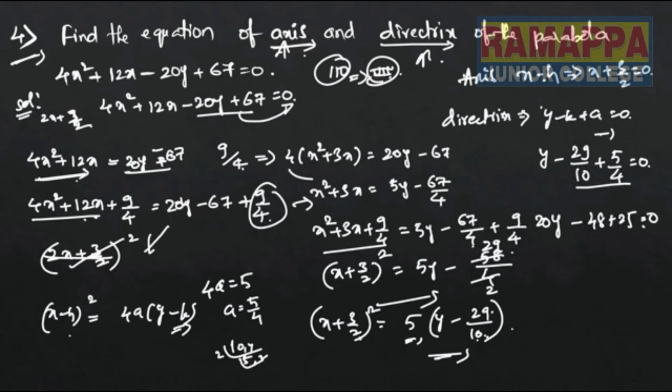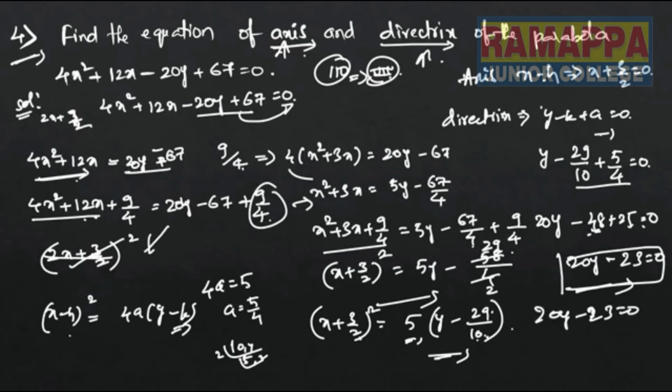Minus 58 plus 25 gives minus 23. So 20y minus 23 is equal to 0. This is the directrix of the given equation.